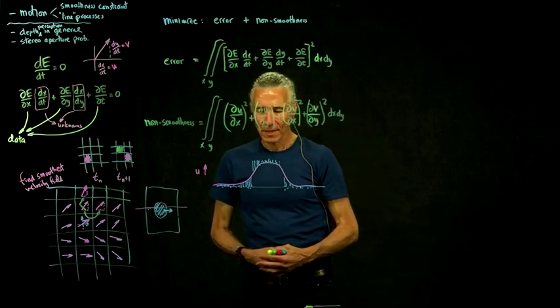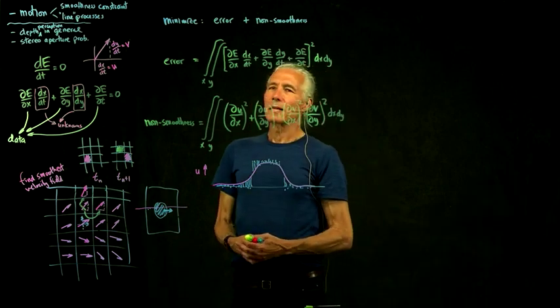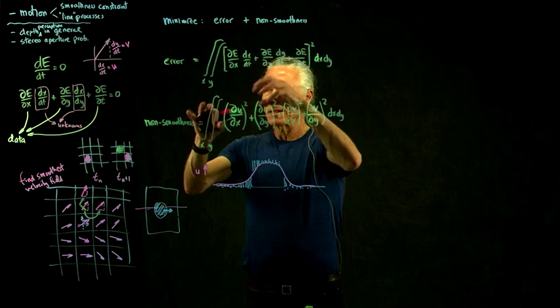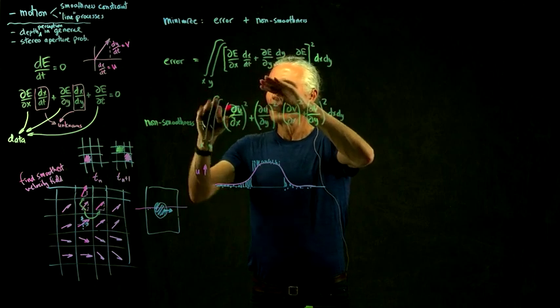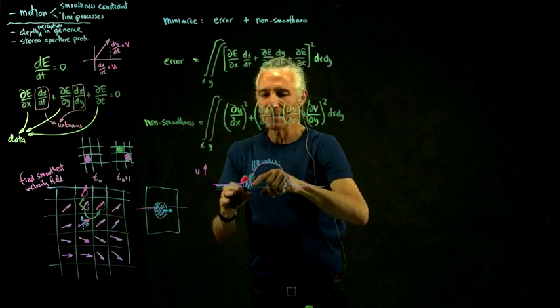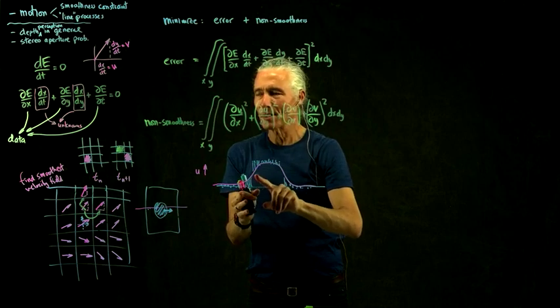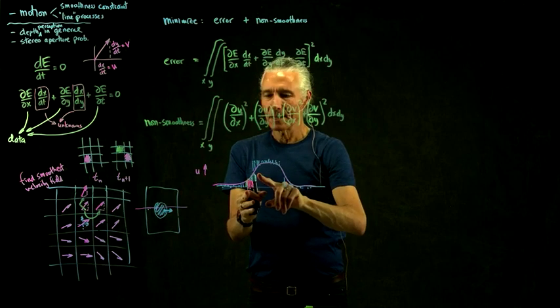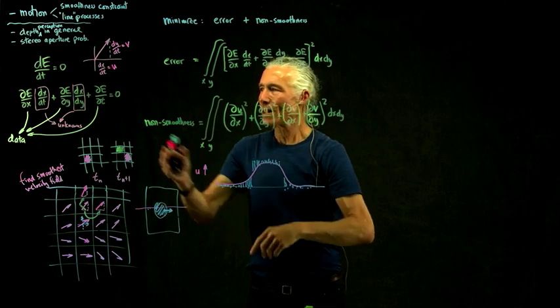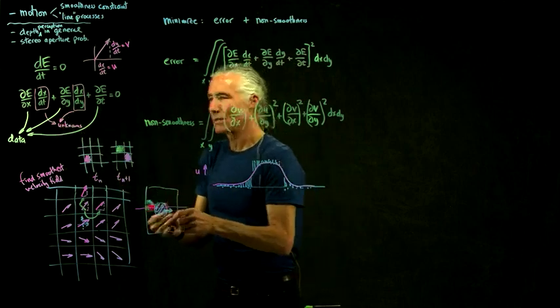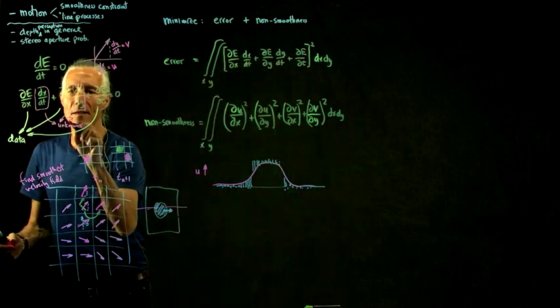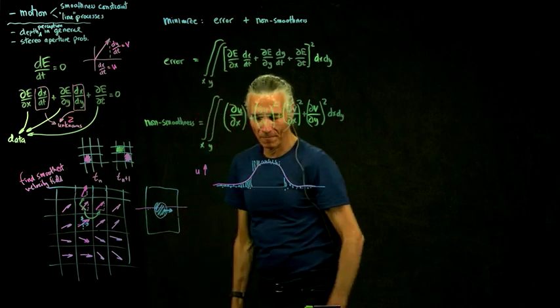So that's how these equations actually work. We pay a little penalty, we get a little bit of error near the edge of the object, but we still solve our problem of having two unknowns, and we end up with a solution.